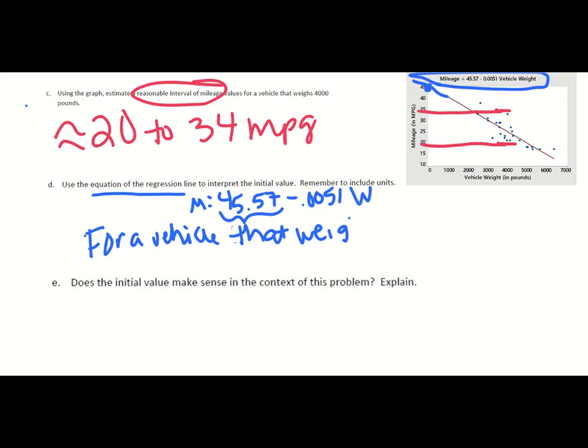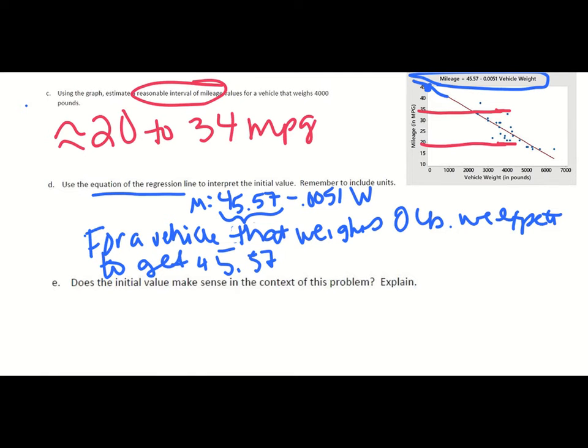For a vehicle that weighs 0 pounds, because that's what your x-axis is, we expect to get 45.57 miles per gallon.